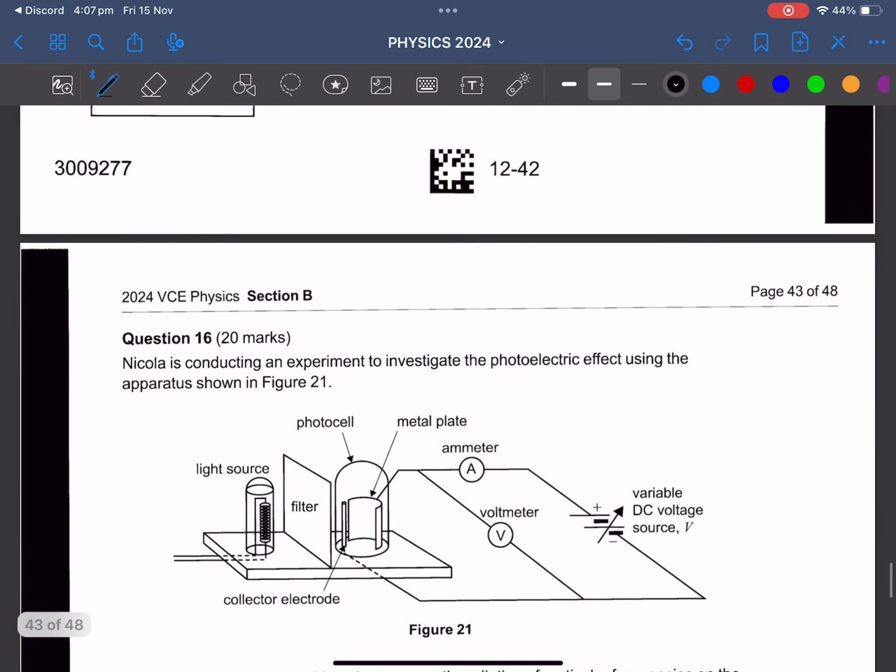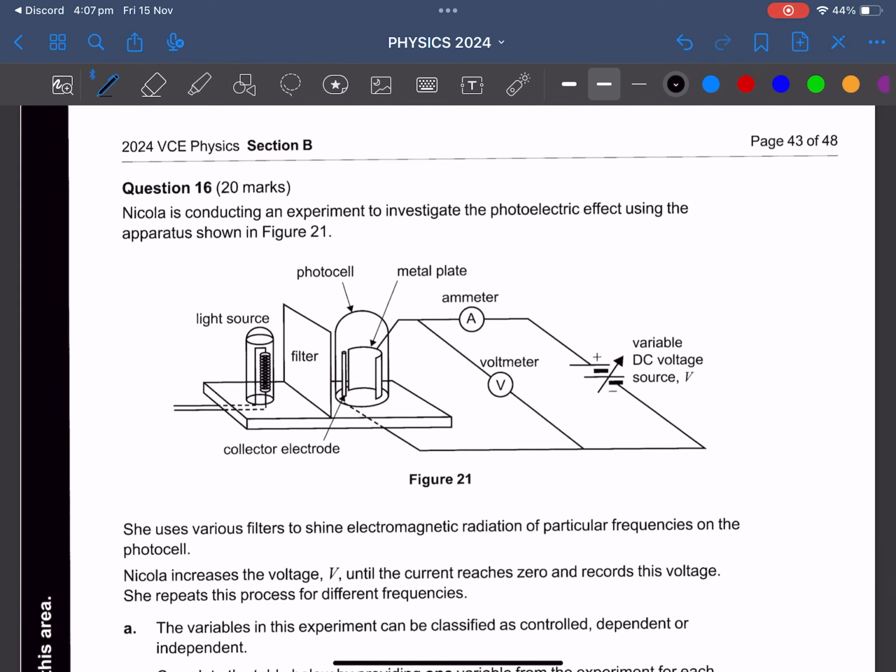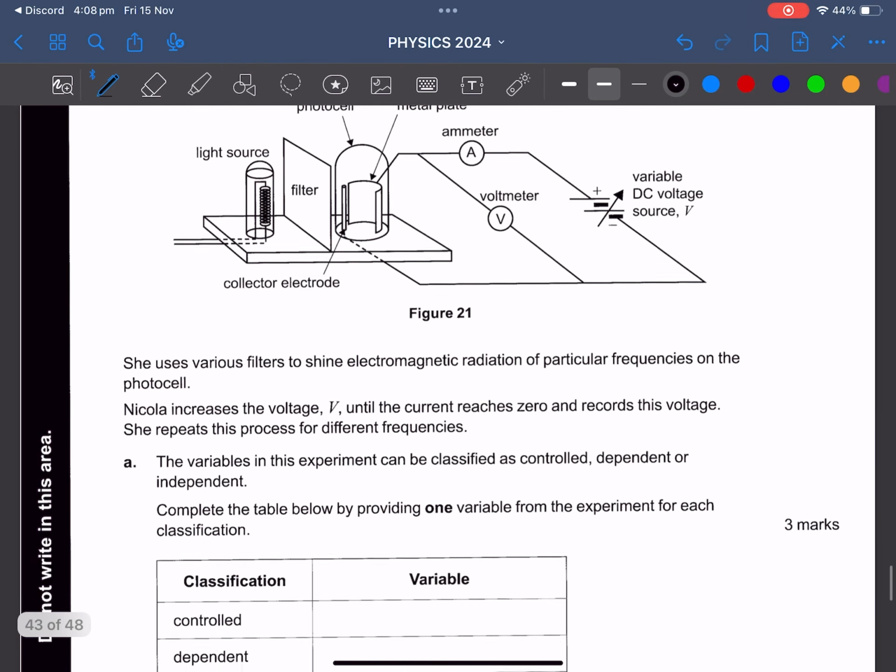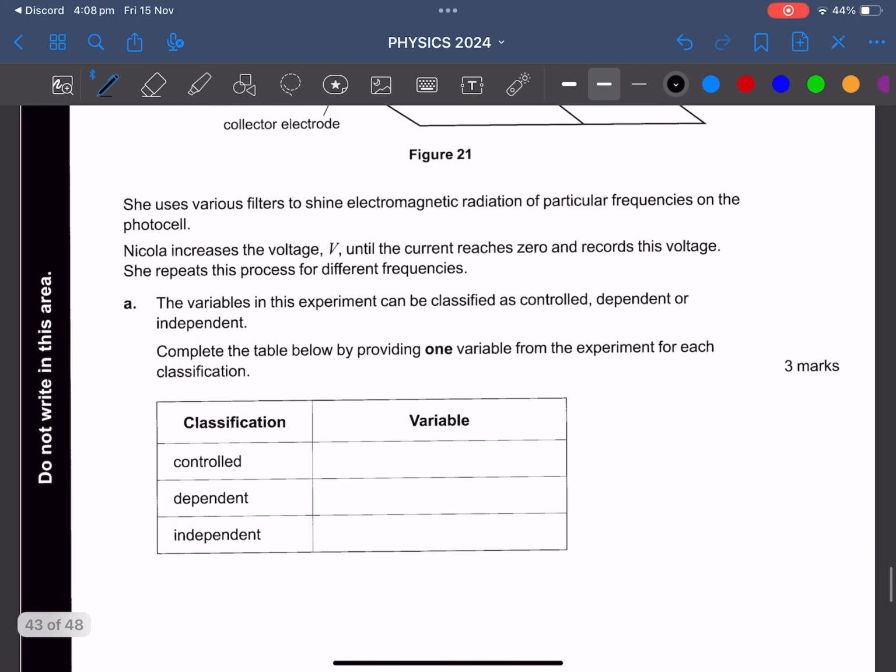Nicola is conducting an experiment to investigate the photoelectric effect using the apparatus shown in figure 21. She uses various filters to shine electromagnetic radiation of particular frequencies on the photocell. Nicola increases the voltage until the current reaches 0 and records this voltage.